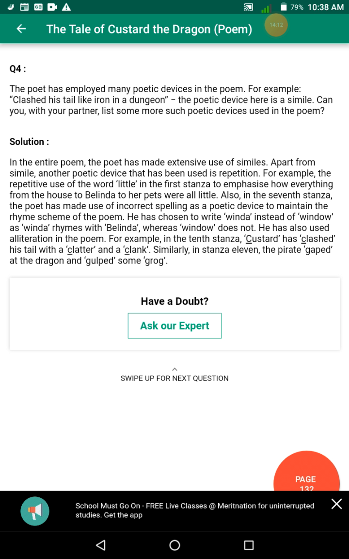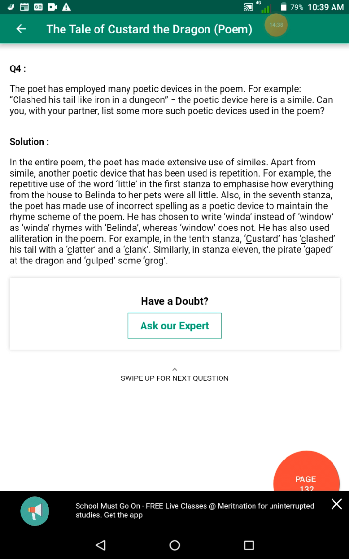The question asked is, the poet has employed many poetic devices in the poem. For example, clashed his tail like iron in the dungeon. The poetic device here is simile. Can you, with your partner, list some more poetic devices used in the poem?